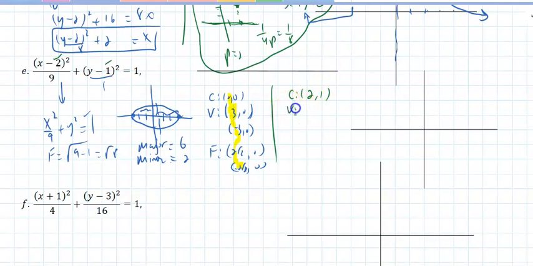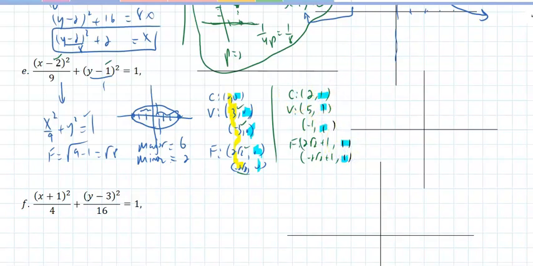So the vertices will be 3 plus 2 is a 5, negative 3 plus 2 is a negative 1, foci 2 radical 2 plus 2, and negative 2 radical 2 plus 2. There it is. I am going to add a 1 to all of these y's, so instead of a 0, a 1.